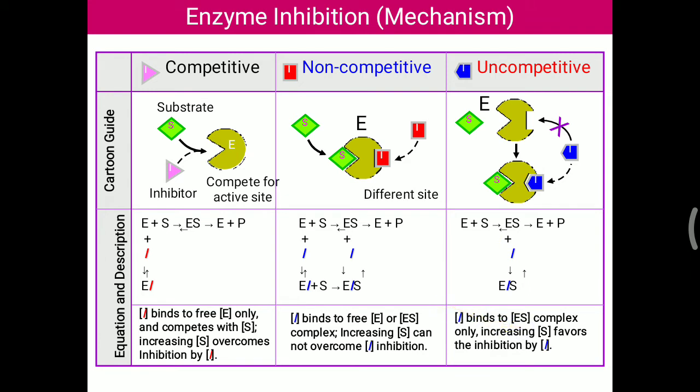So the inhibitor binds to the ES complex only. Increasing substrate concentration favors the inhibition, meaning more substrate is added, more ES complex is generated, and more inhibitor is able to attach to the ES complex. So that is the basic mechanism of enzyme inhibition in relation to competitive, non-competitive and uncompetitive inhibition.